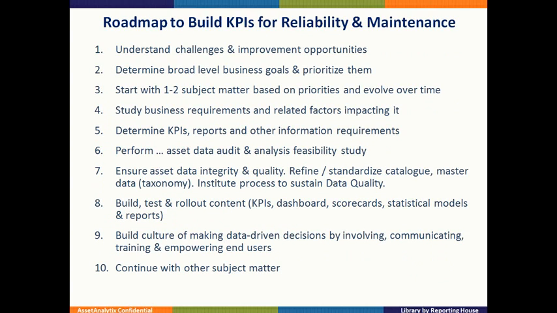In this case, you take the highest priority, or a low-hanging fruit, or something that is part of the current initiatives, see how that relates to the business goals, prioritize them, maybe start with 2-3 subject areas, and then continue to tackle other subjects.